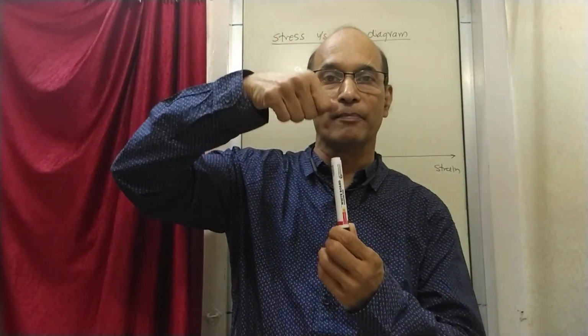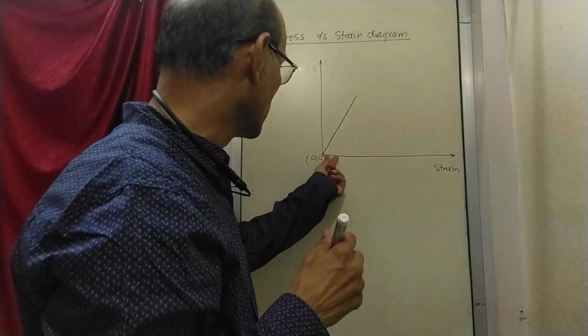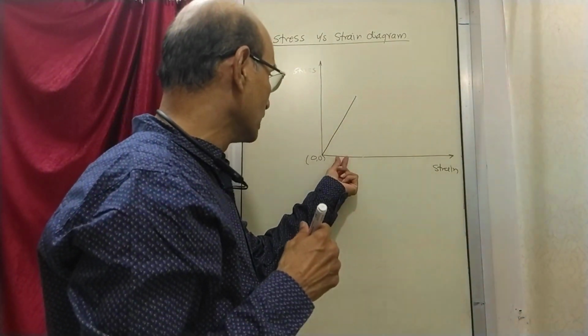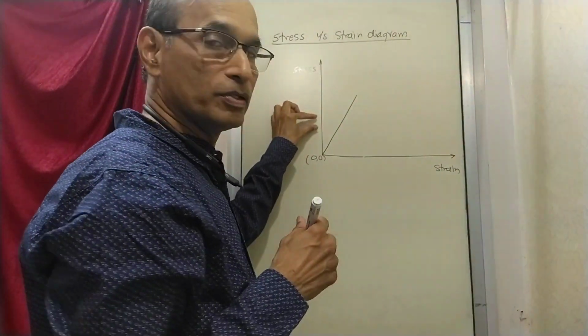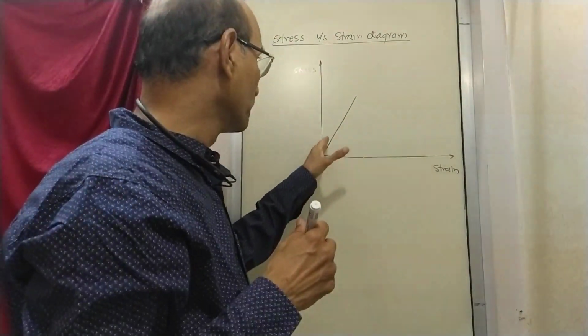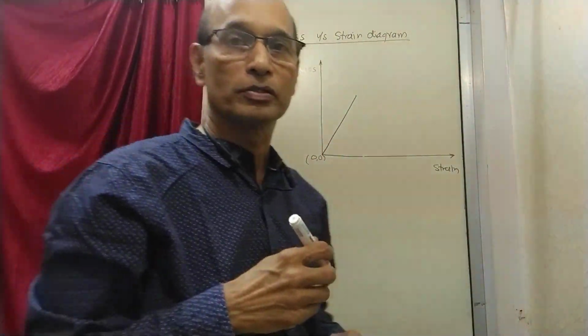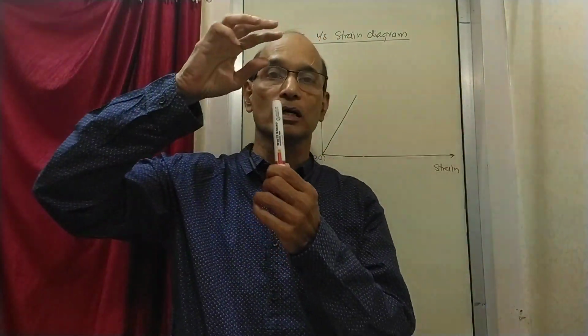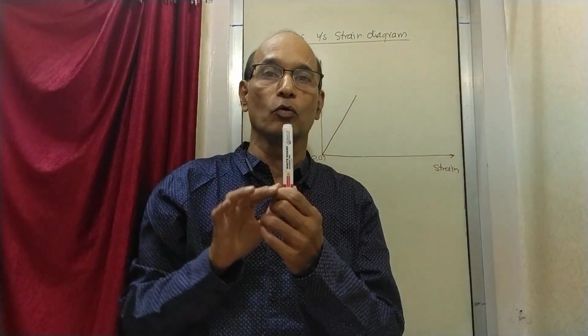When you apply load, its length increases, so strain increases and stress increases. You go on increasing the stress, the strain also is going to increase. If at any time you remove the load, it will come back to the original position.